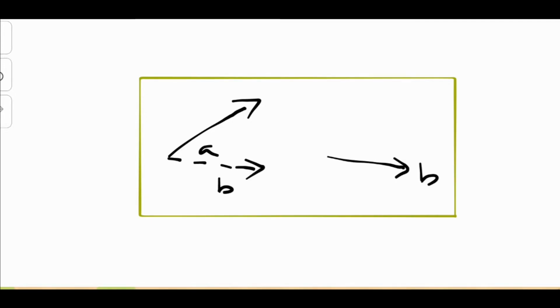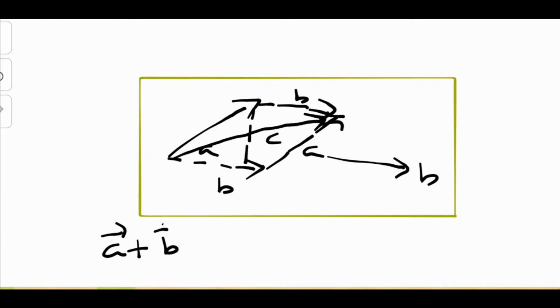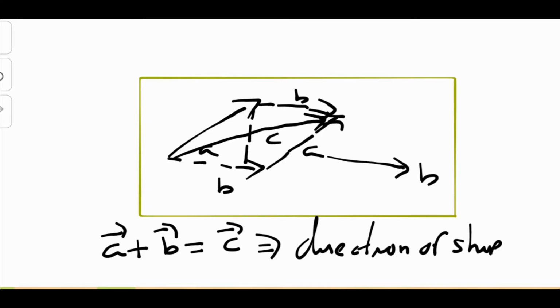So you can assume the wind in different directions as two vectors, right? Vector A in one direction and vector B in another direction, two wind directions. You can superimpose vector B on vector A's axis, and using the parallelogram rule of vector addition, you can add vector A and vector B, and you get A plus B equal to C. That is the resultant direction of the two vectors, and this will steer the ship in one direction, right?